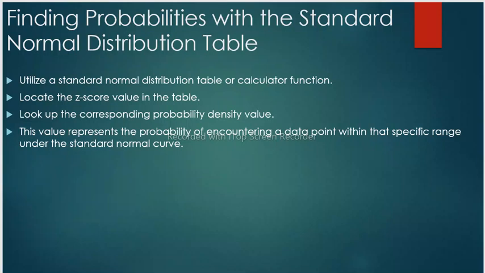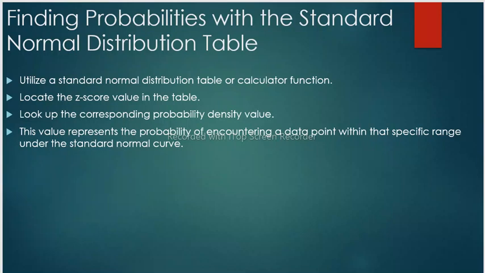Finding probabilities in the standard normal distribution table. The standard normal distribution table, or its equivalent function on most calculators, is a powerful tool for finding probabilities associated with z-scores. The table is structured with rows representing z-scores and columns showcasing decimal places. To find the probability of a specific z-score, locate its corresponding row and column in the table.